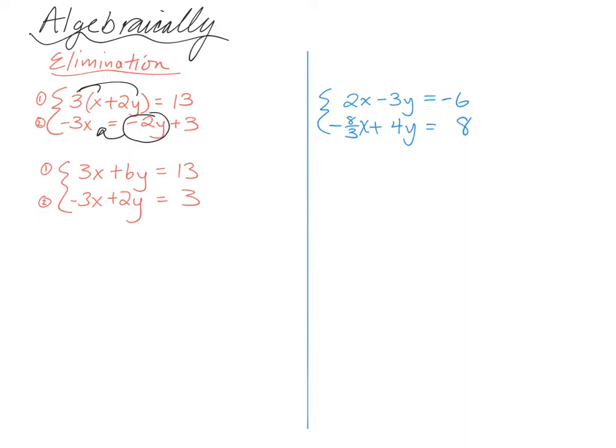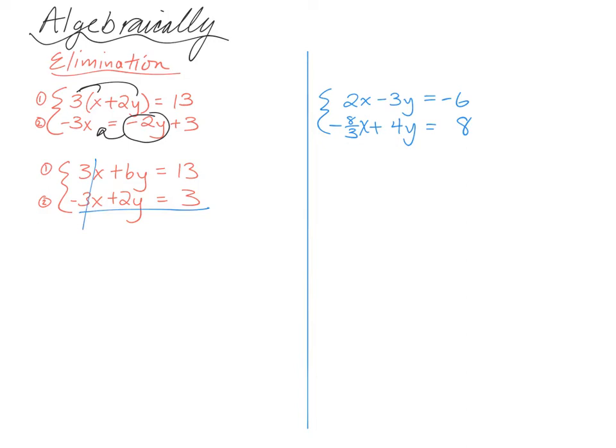So that being said, the next thing we need to look for is opposite coefficients. And opposite coefficients just means same number, opposite signs in front of the same variable. So x's are 3x's here, there are negative 3x's here. That's what we're looking for. So that being the case, we can add these equations together.